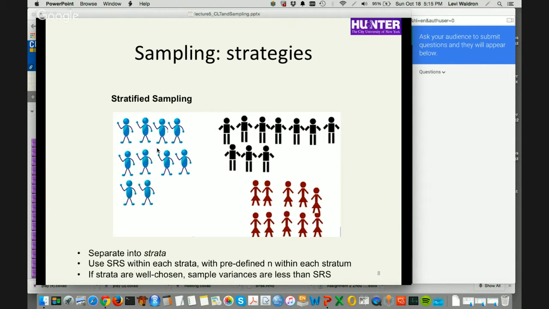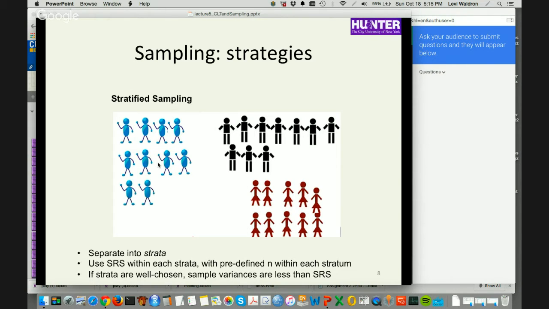So we have the 10 blue people here. We would, for example, choose 3 of them at random, and then 3 of the black square people at random, and then 3 of the miniskirt people at random. And that way, it's still a random sample, but we know what the prevalence of each of these strata will be.